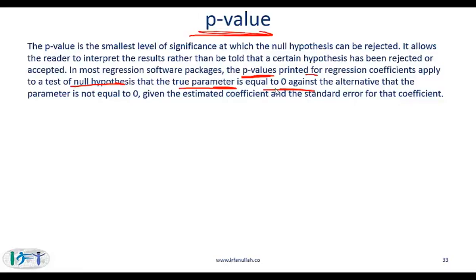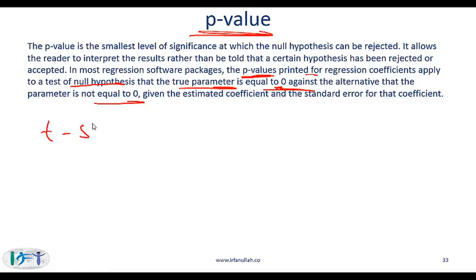So what this is saying is if you are just given the p-value, obviously that is based on some null hypothesis. The default null hypothesis is that the value is 0. Now if that is not your hypothesis, then you need to come up with your own, versus the alternate that the parameter is not equal to 0, given the estimated coefficient and the standard error for that coefficient. Now I'll just put this in slightly different terms.